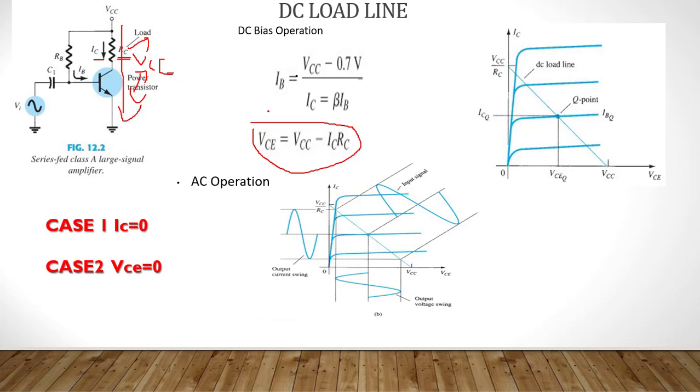Combining with VCE, it is nothing but VCC minus ICRC. This is a very important formula, also discussed in module 1. Now we can do two cases here. First, case 1: we make IC equal to 0. If IC is 0, this whole term becomes 0 and I get VCE equal to VCC.